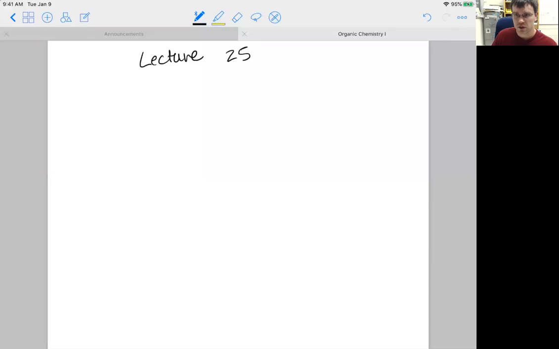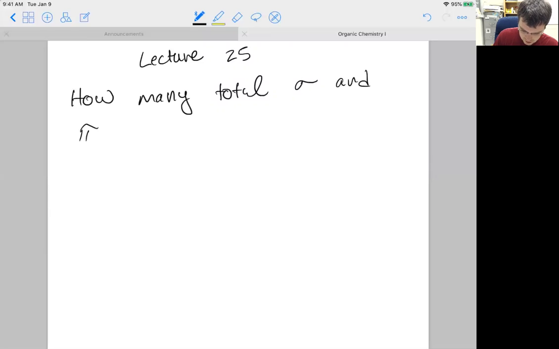Now, a sort of strange question to ask at this point, but a question I like to ask nonetheless is, how many pi bonds are in hydrogen cyanide? Well, let's do how many total bonds, total sigma and pi bonds, that is, are in HCN.